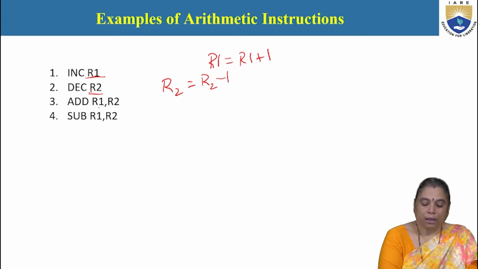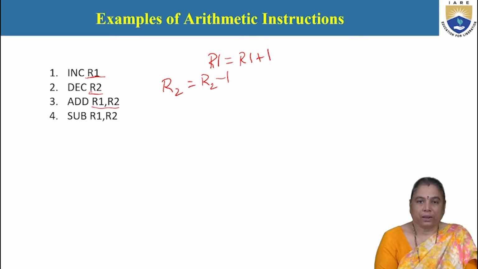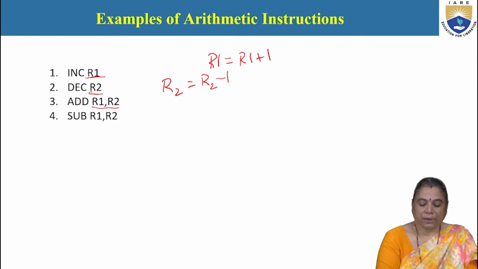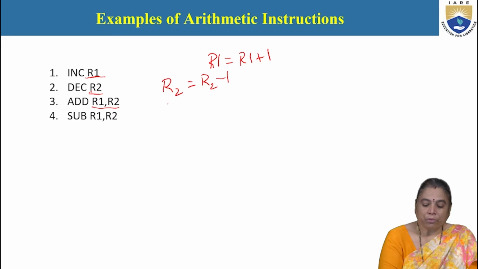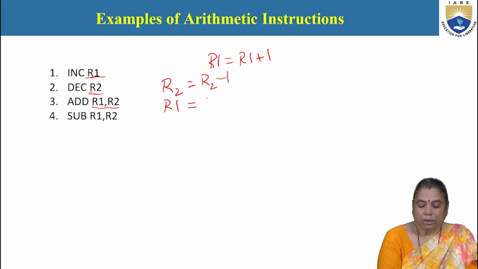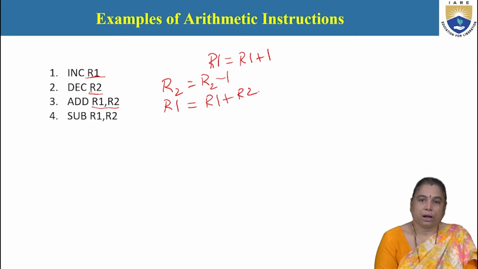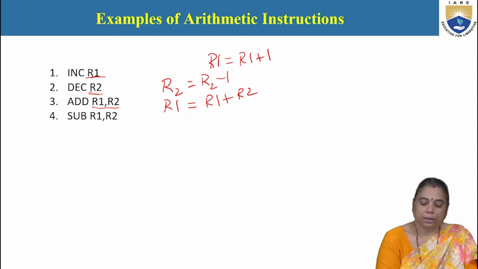Here the two registers involved in the addition are specified with the ADD mnemonic. The source register is R2, and the addition of the values stored in R1 and R2 is performed and the result is stored in R1.